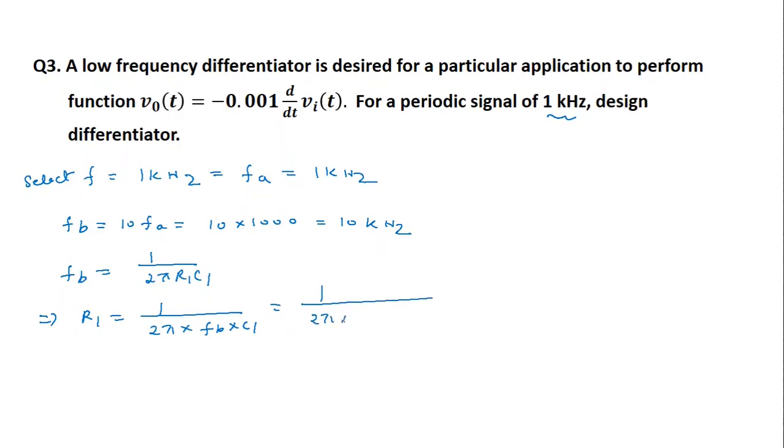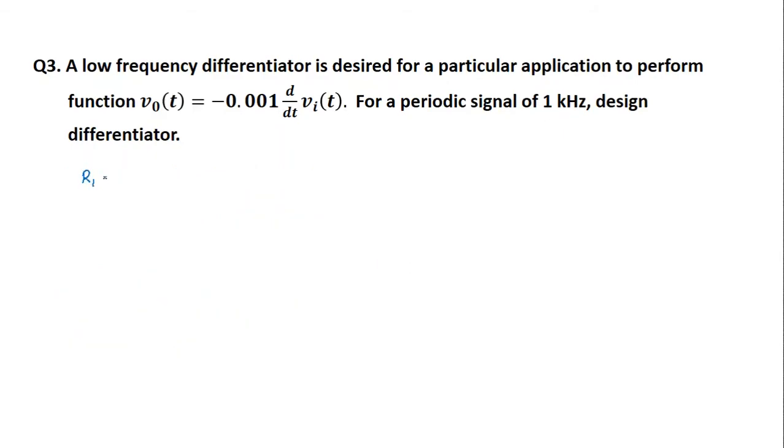We get 2 pi into FB, which is 10 kilohertz, into C1, which is 0.1 microfarad, equal to 0.1 into 10 to the power minus 6. By solving this equation, R1 will be equal to 159.15 ohm.